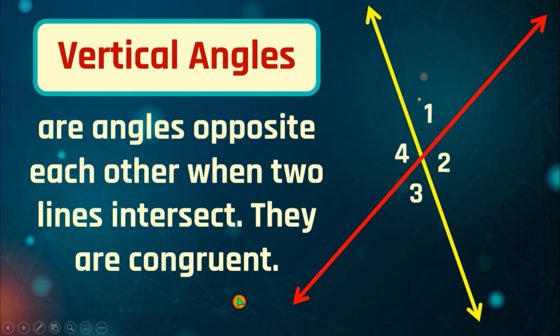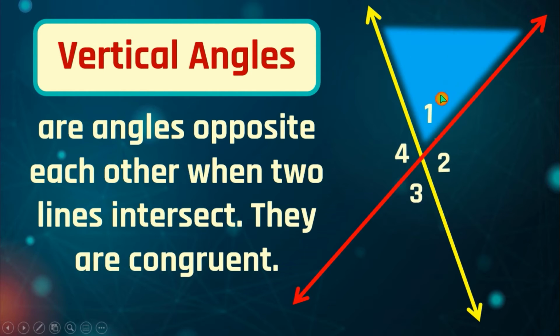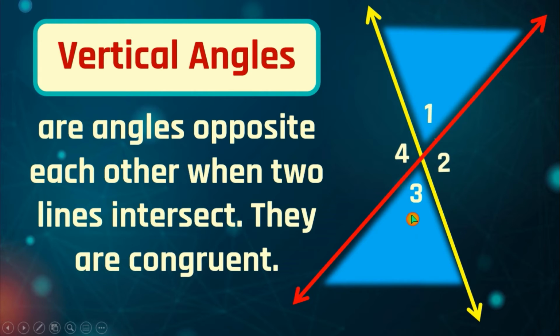Okay, but focus lang tayo dito sa vertical angles. Ano dyan yung vertical angles natin? We have that angle facing upward, and we have this angle facing downward. Yan ang vertical angles natin. So, ang vertical angles natin dito ay si angle 1 at saka si angle 3.